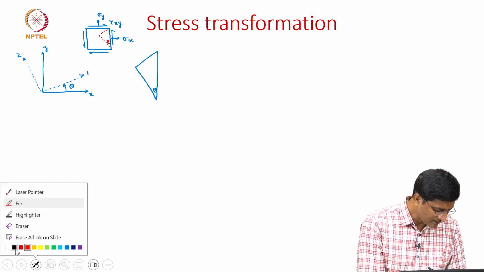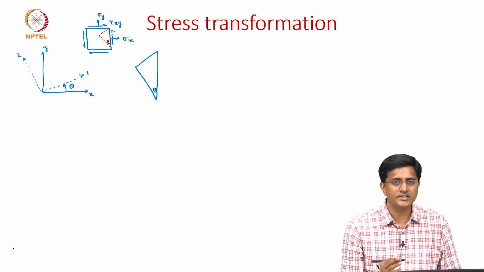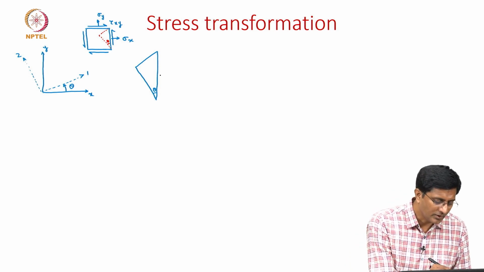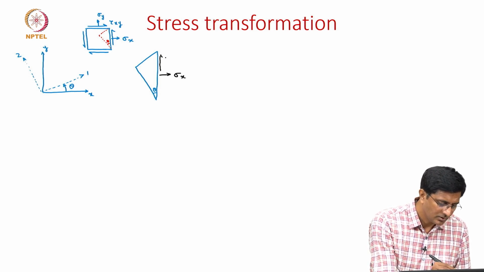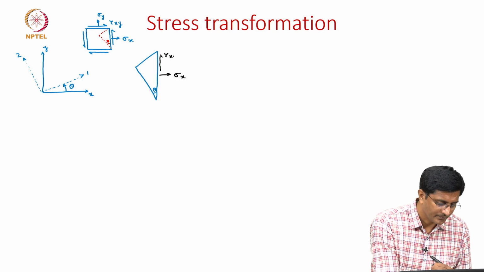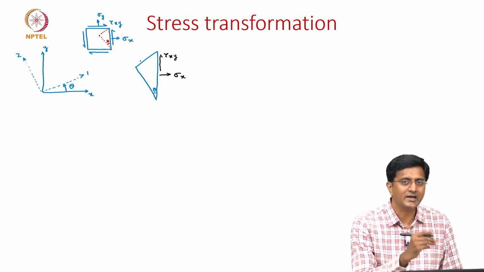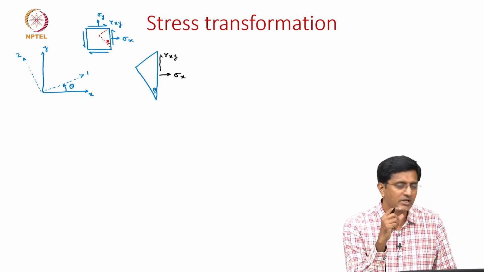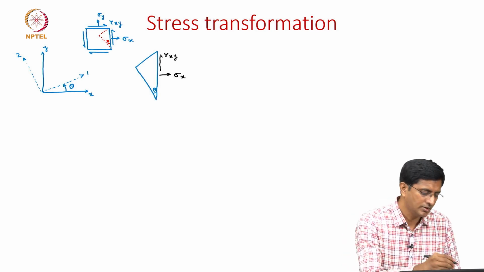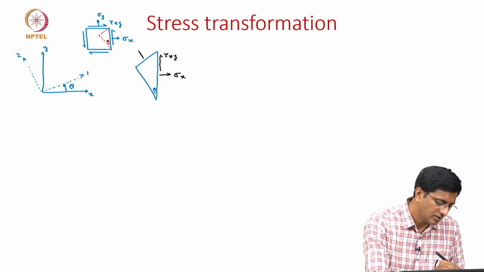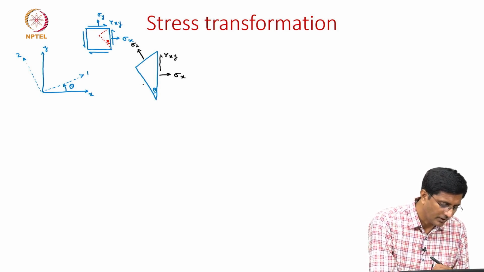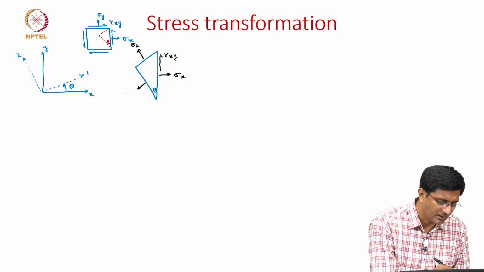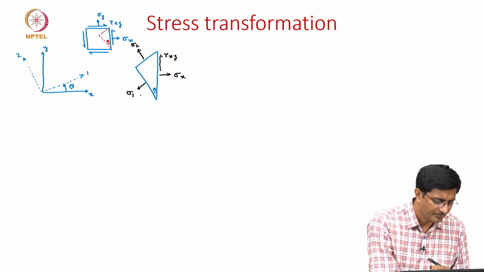Now, on this wedge let us show what are the stresses acting. On the vertical face we have this sigma x and the shear stress tau xy. But on the inclined faces, that is where we have the stresses coming from the material coordinates, such as here we will see the sigma 2, and on this inclined face we see the stress sigma 1.